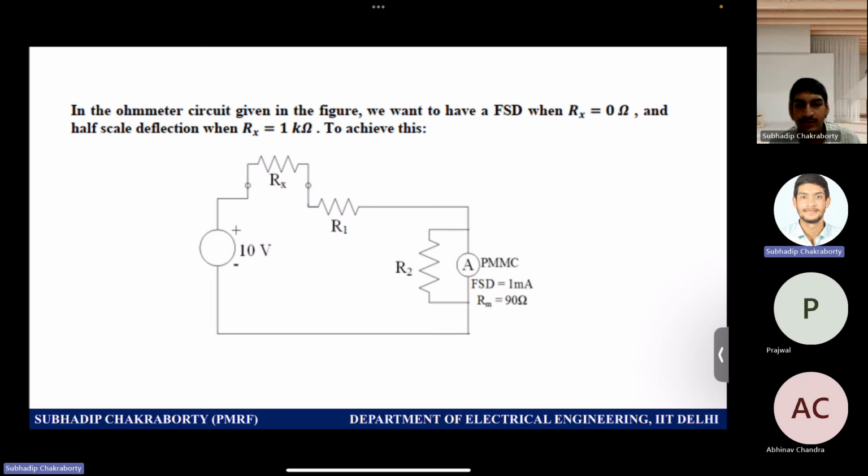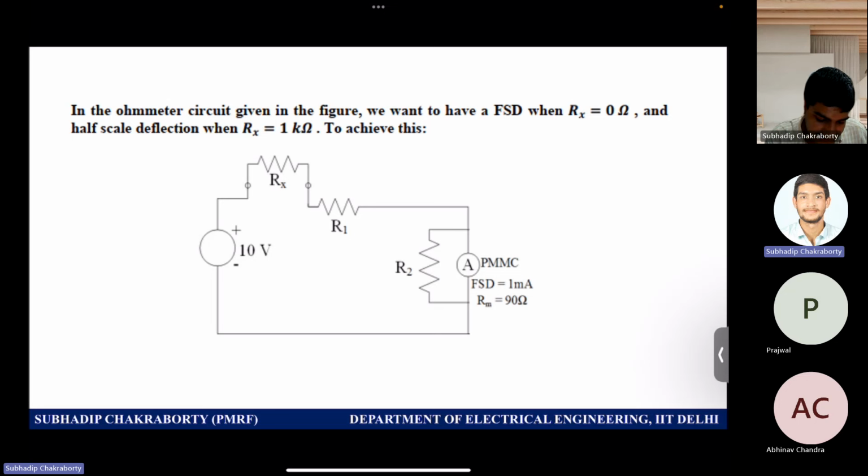So accordingly, you need to design the value of R1 and R2. Because if you don't design R1 and R2, then it will violate the current carrying ability of the instrument, or the current rating of the PMMC that you have to obey. The full scale deflection current, 1 milliampere, you always need to obey. So for no condition, it should go out of that bound. And accordingly, you need to design the value of R1 and R2.